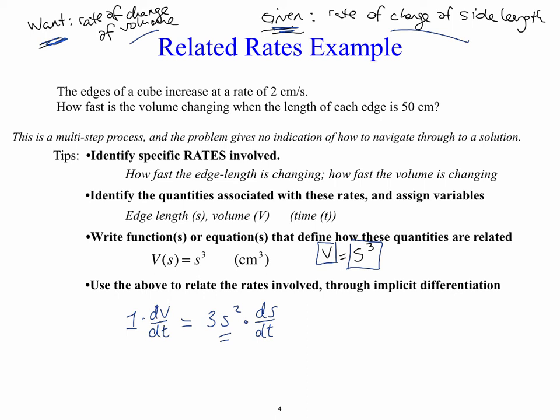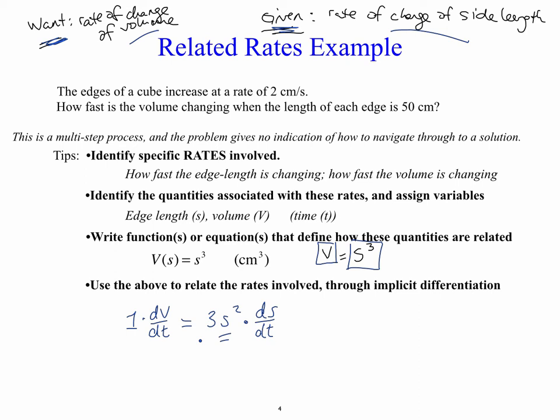But what this is saying is that the corresponding change in volume is not only impacted by the rate of change of the side length, but also the length of the side itself. So you have to coordinate all of these quantities when you're thinking about the rate of change of the volume.